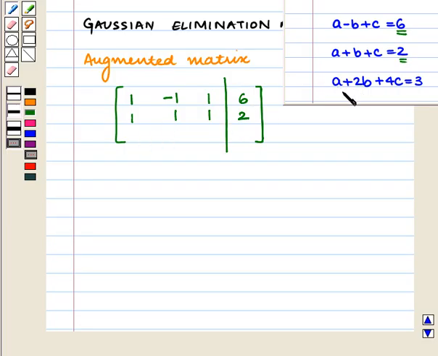The third row is 1, 2, 4 and 3. Now we reduce it into row echelon form using elementary row operations.